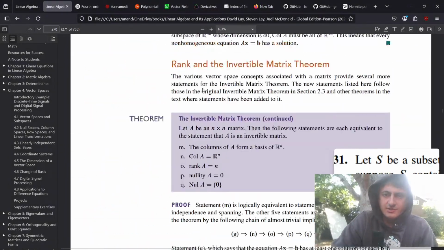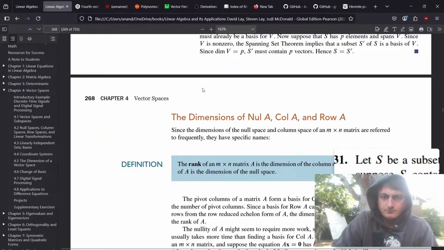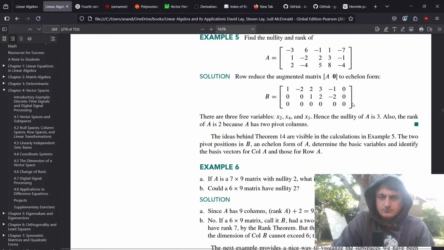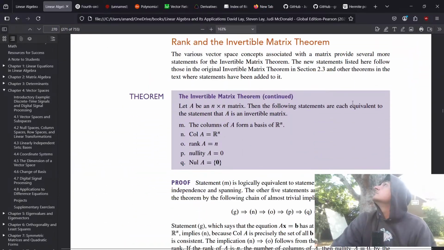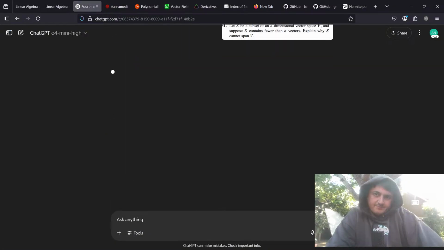Isn't this just the basis theorem? I think it's just the basis theorem.